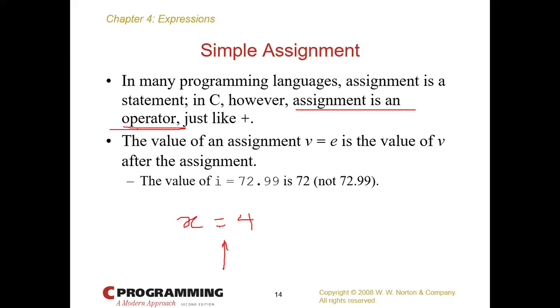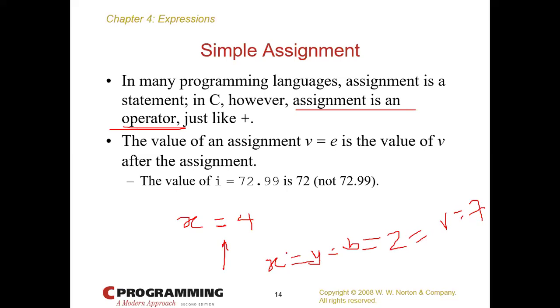But in C, it can be used to build a real complex expression. So you can have X is equal to Y is equal to B is equal to Z is equal to V is equal to 7. You can have this in C.